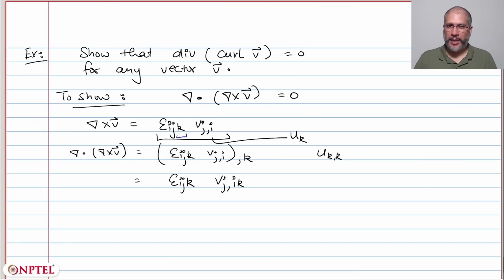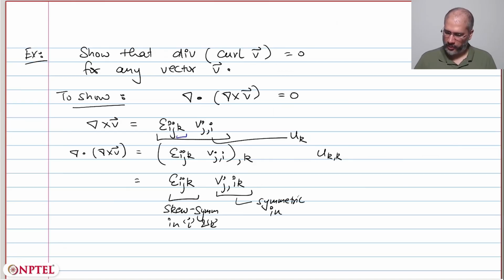Well, we can see that epsilon is skew symmetric in the indices i and k, whereas this expression vj comma ik is symmetric in the indices i and k, because we showed that vj comma ik is the same as vj comma ki if they are smooth enough.